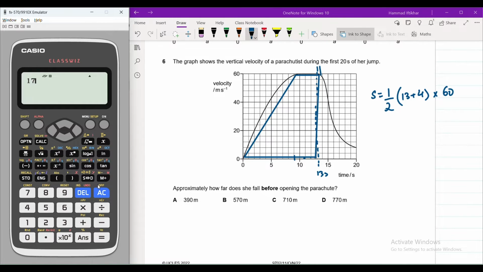So 17 times 30, 510. So this approximation is going to be just slightly more than that because of the missing area that we have over here. So that's 570.